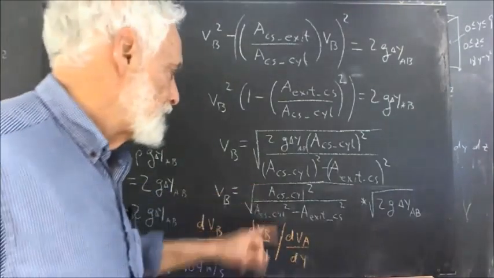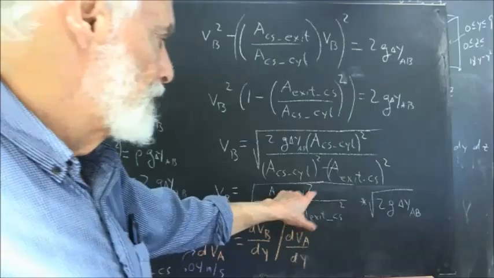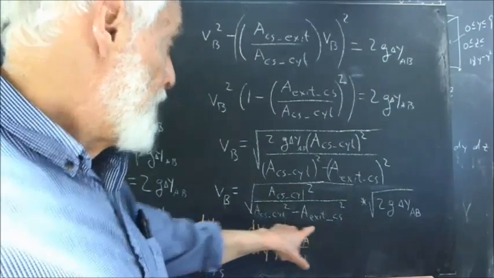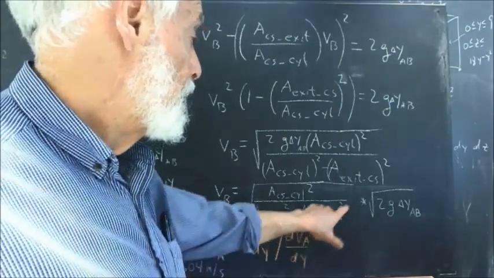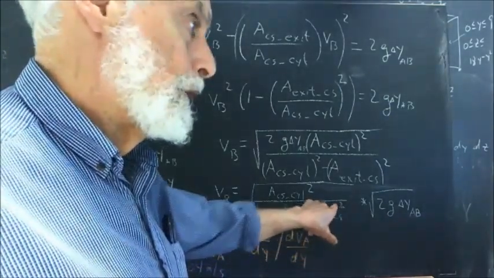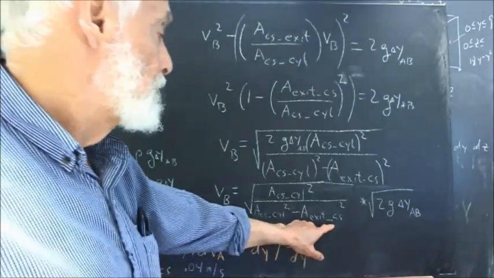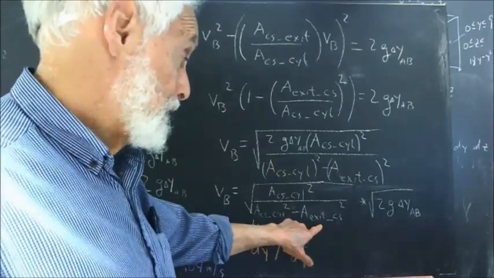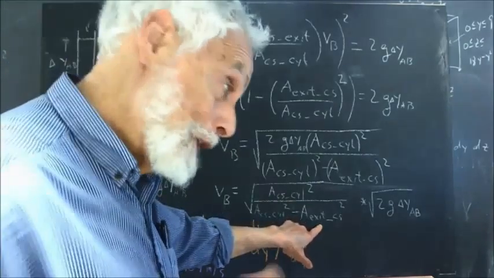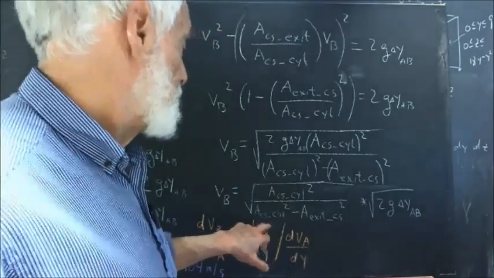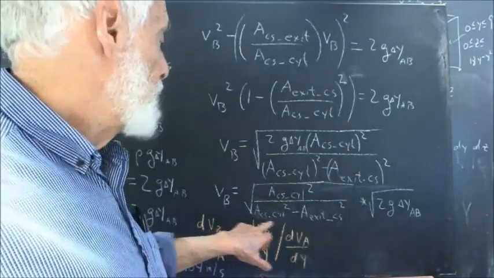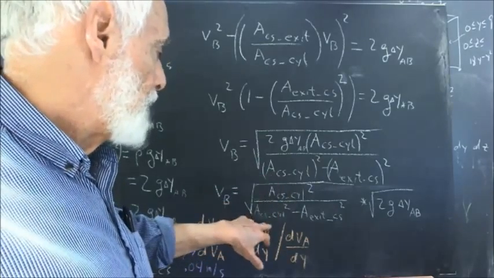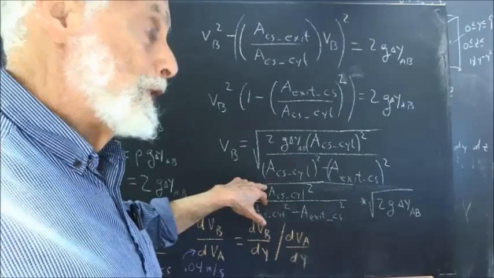Here we have the square of the cross-sectional area of the cylinder, minus the cross-sectional area of the exit hole squared. Now, if the exit area is much, much smaller than this, then when we square A exit, it's going to become much, much smaller, so that the denominator is not going to differ appreciably from the cross-sectional area of the cylinder squared, and the denominator is going to be essentially equal to the numerator.